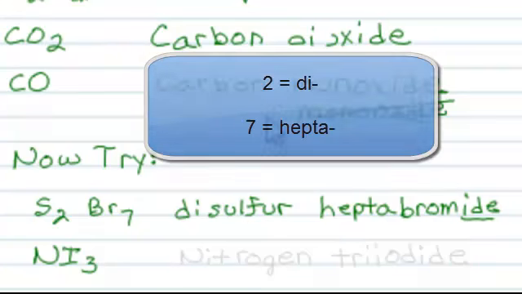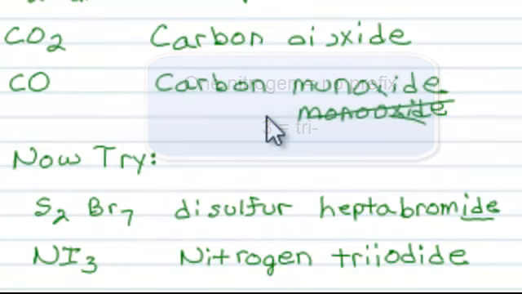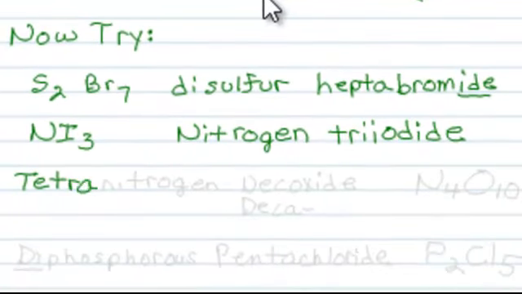NI3, well, there's only one nitrogen, so you don't need a prefix. So it's nitrogen, and there's 3 iodines, so it's triiodide.